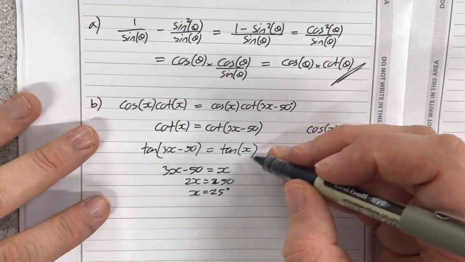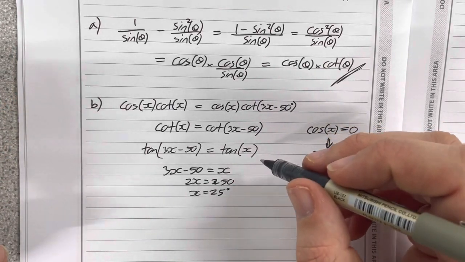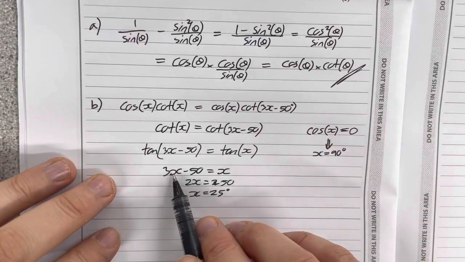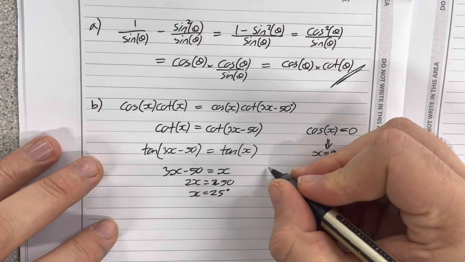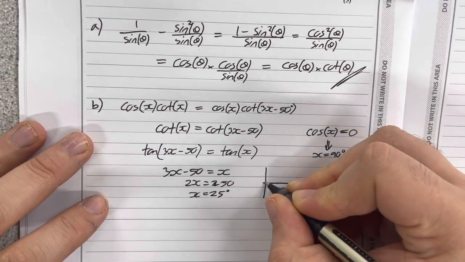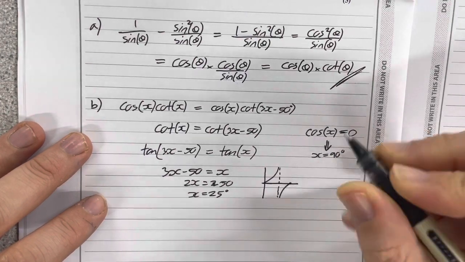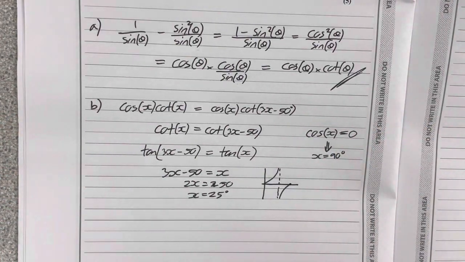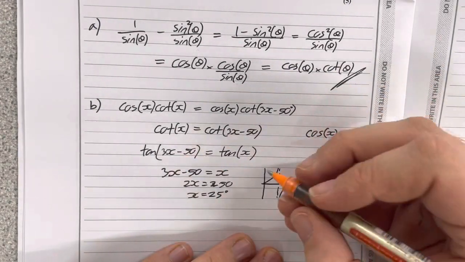Because we could add pi somewhere, add 180 somewhere here. This is 1 to 1 in the range 0 to 180, so that's not going to make any difference. If you imagine the tan graph, something like this, we have a vertical asymptote there at 90. But if you imagine the graph of tan of 3x, that's going to be happening 3 times as fast.